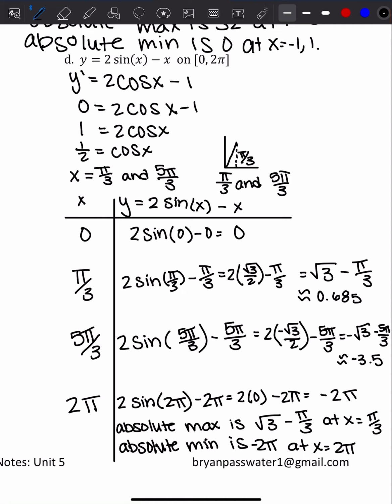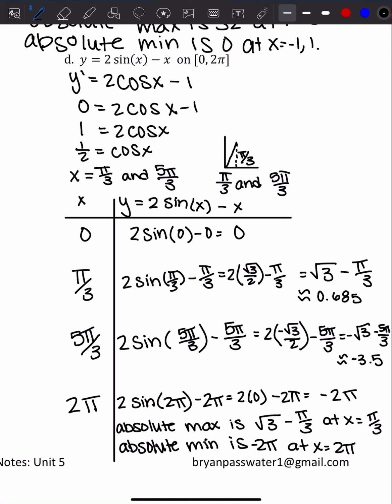There's no values here that are undefined, so we're going to look at 0, pi over 3, 5 pi over 3, and 2 pi. When we plug everything in, we're going to get some values that are a little bit hard to gauge. Things that we can know: square root of 3 is less than 3, and pi over 3 is a little bit more than 1.